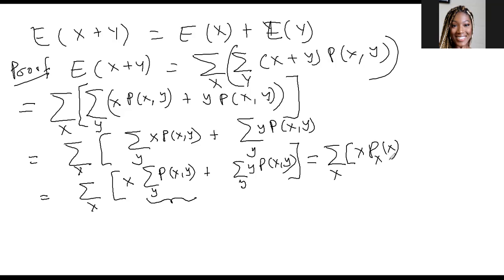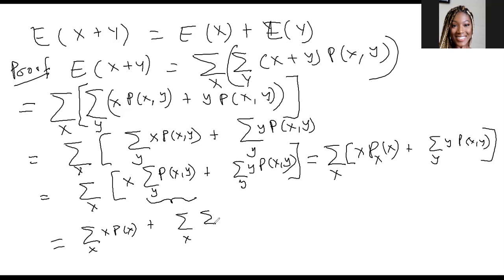For this one, sum of y, y. So this is sum over x of x times P of x plus sum over x of the sum over y of y, P of x.